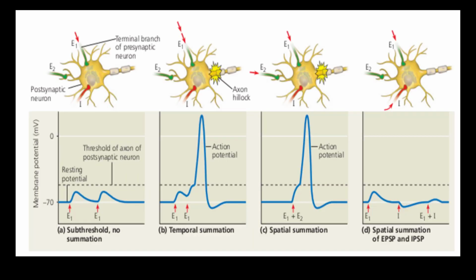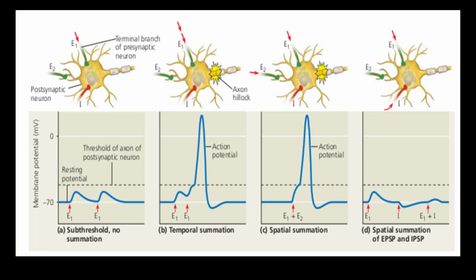So we can have excitatory and inhibitory, and then we can also have either two neurons firing at the same time, that's called spatial summation, or a single neuron firing very quickly in time, that's called temporal summation. Here's a figure that should also be in your textbook that demonstrates the temporal and spatial summation and the interaction of excitatory and inhibitory.